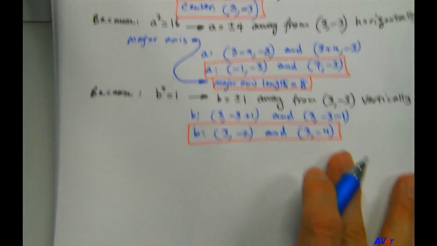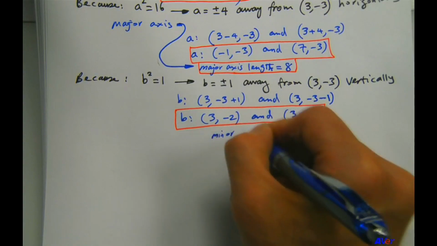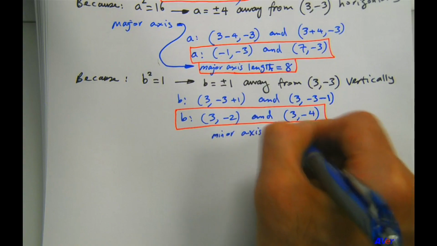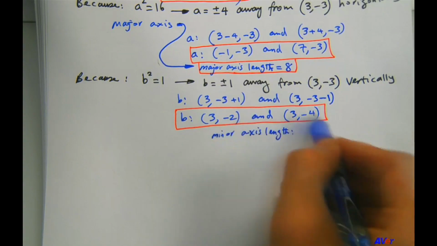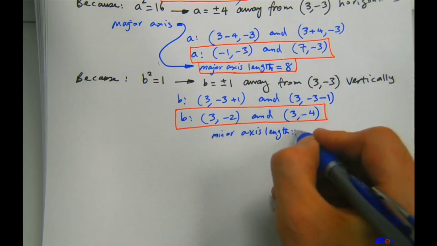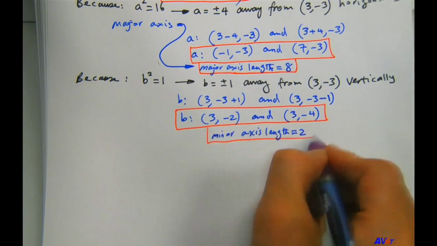So let me write that down here. Minor axis length, that would be difference in the vertical direction, right? From -2 to -4, that's just 2 units. So that is equal to 2. Like that.